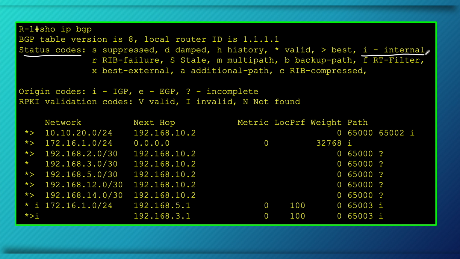Now i means it's internal, right? So whenever before your network, if it is mentioned i, it means iBGP, internally done. If it is not mentioned anything over here, it means it's learned via eBGP, right? This is how you can understand.